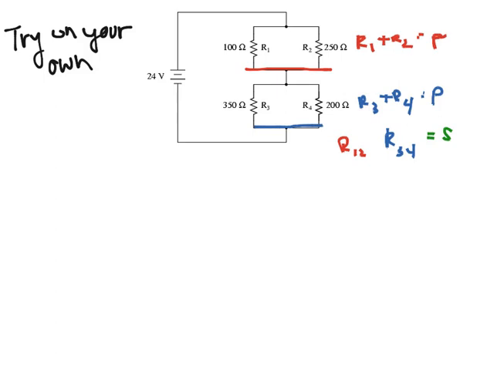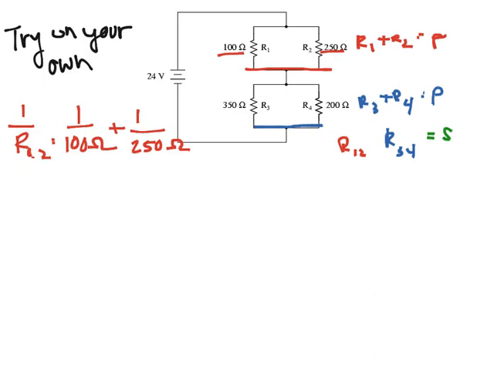So if we're doing our equivalent of 1 and 2, that means it's 1 over, because it is in parallel, 1 over 100 ohms plus 1 over 250 ohms. So yes, you are going to have to do some fraction work here.